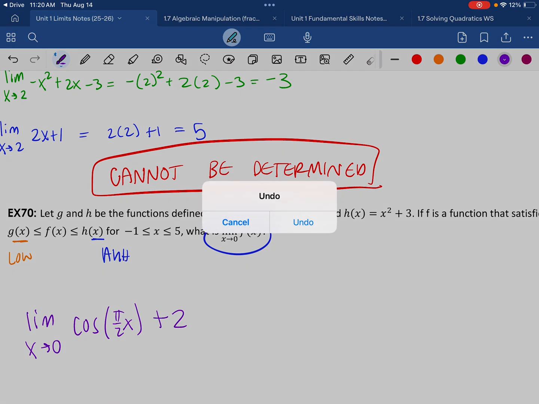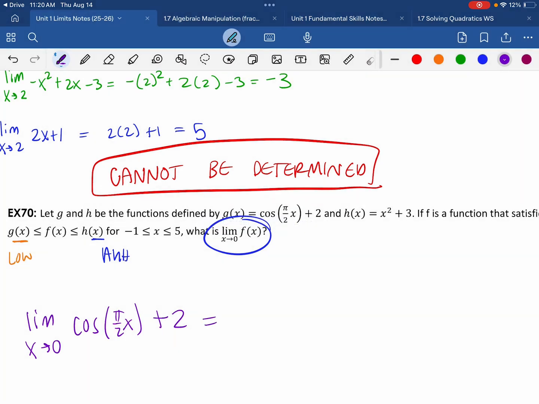I forgot my plus 2 in the first video there, so plus 2. So when you directly sub in, cosine of 0 is going to be 1, plus 2, it's going to be 3. All right, so the limit as x approaches 0 of cosine of pi over 2 x plus 2 is going to be 3. So my low limit is 3.